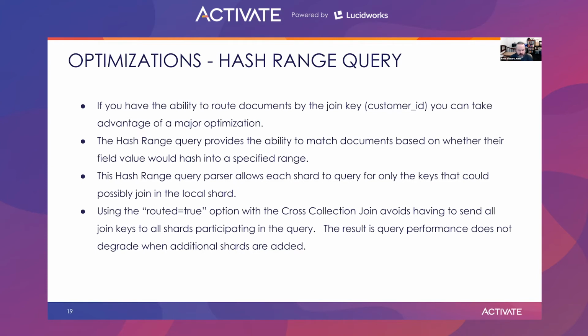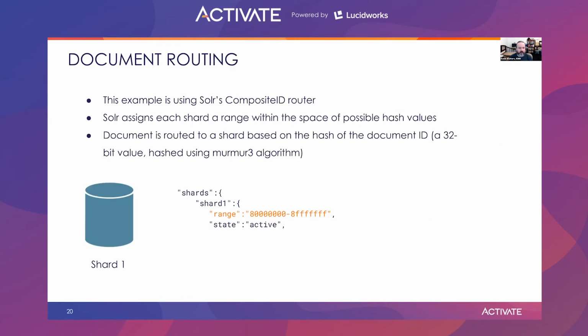So one of the additional query parsers that was introduced as part of this pull request is the hash range query. The hash range query allows you to query a collection, but only return the documents that have a field value that would hash to a particular range. Let's talk about why that's important.